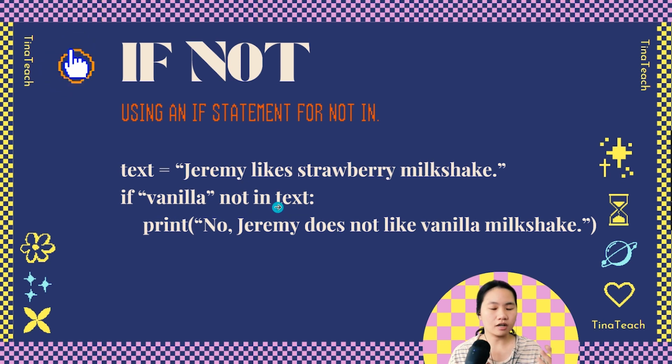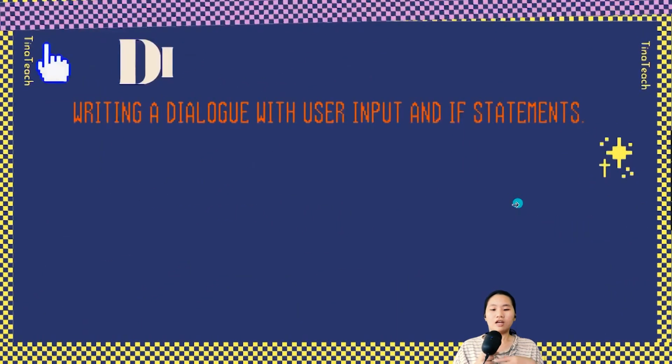So is the string vanilla in the variable text? No, right? So what Boolean value would this condition return? It would return true. So since it is true, the if statement will continue to print, 'No, Jeremy does not like vanilla milkshake.' Okay, as easy as that.